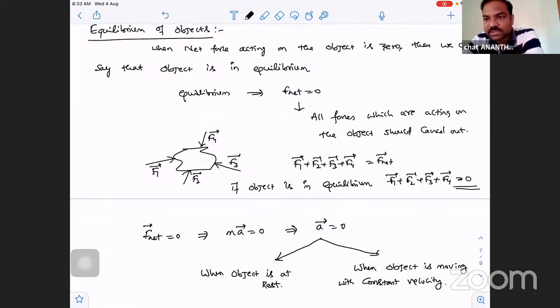If velocity is constant, then also acceleration is 0. So acceleration 0 has two different situations: one is the object is at rest, or the object is moving with constant velocity.